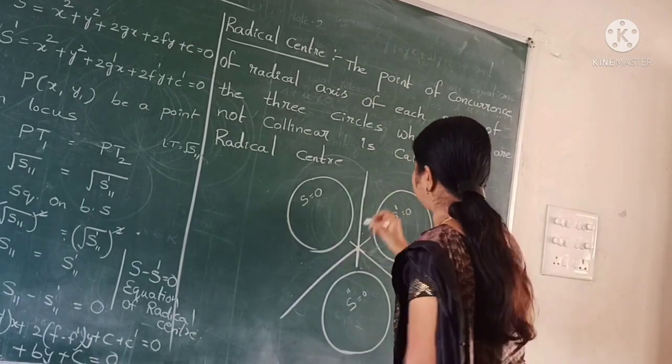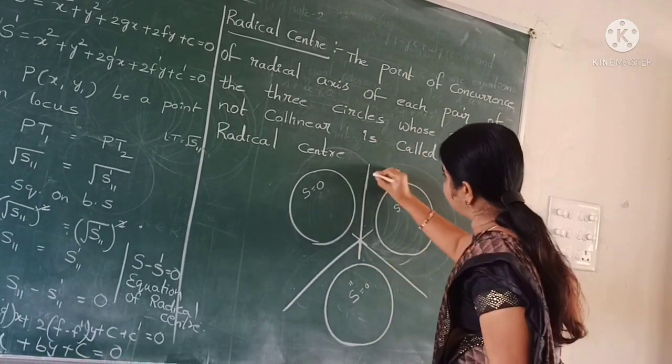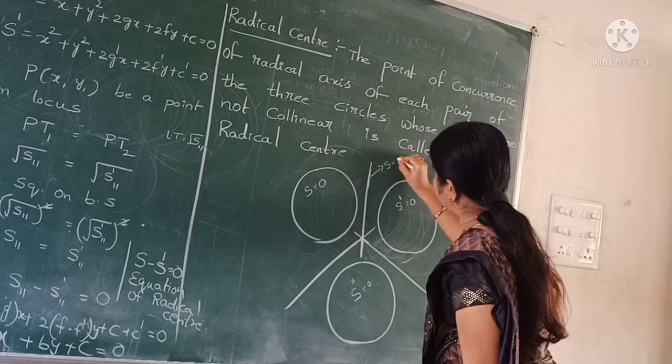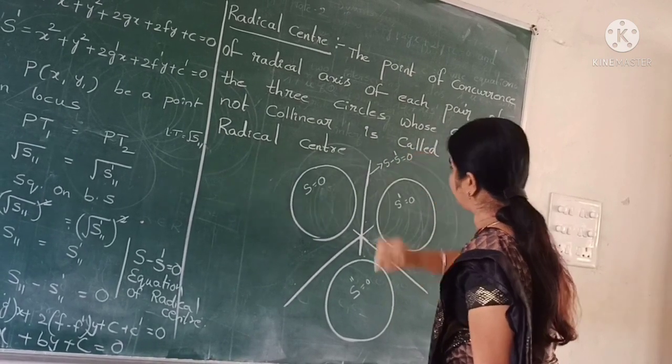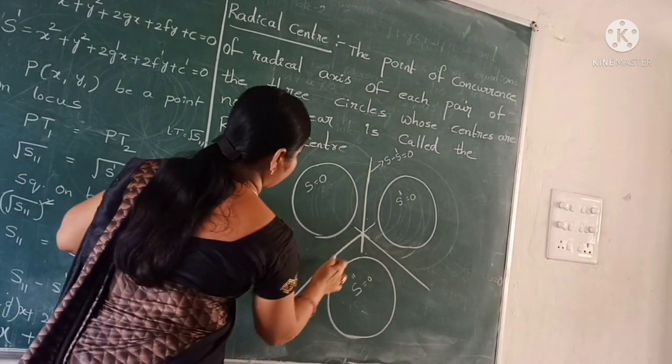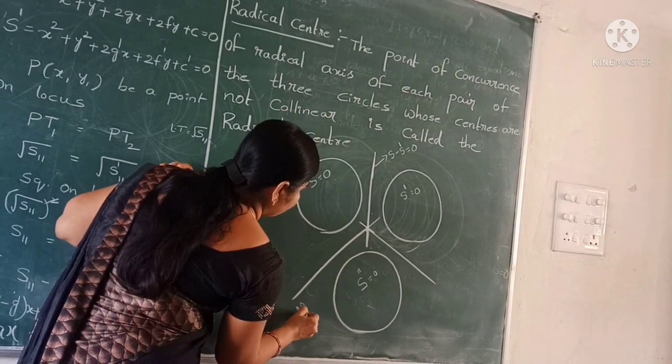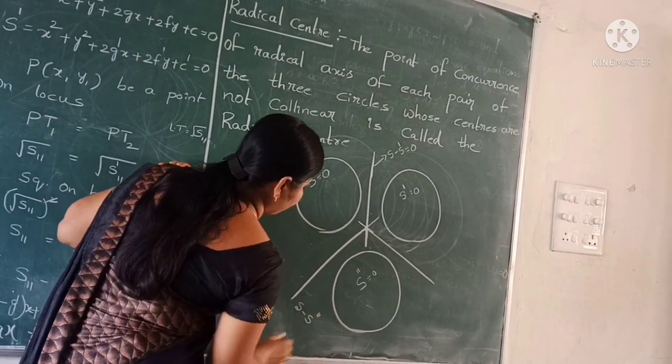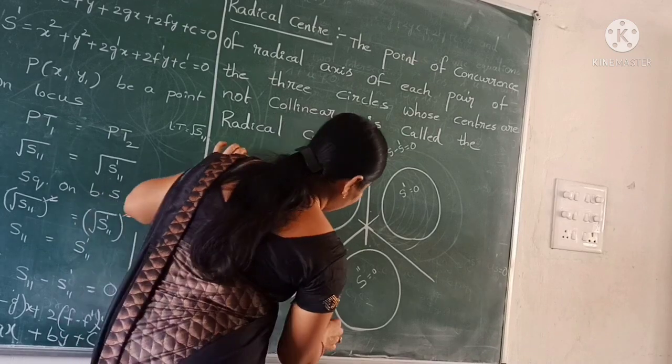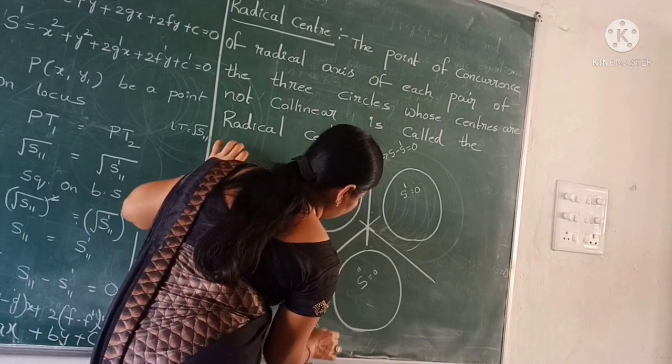So the equation of this radical axis is s minus s dash is equal to 0. And the equation of this radical axis is s minus s double dash is equal to 0.